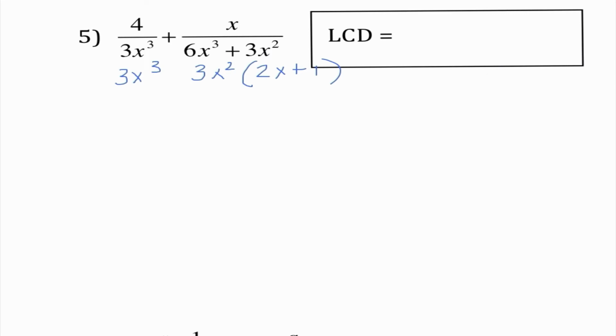So we have 3 different bases: 3, x, and 2x plus 1. So my LCD is going to be 3x cubed, because 3 was the highest exponent for x, times 2x plus 1.